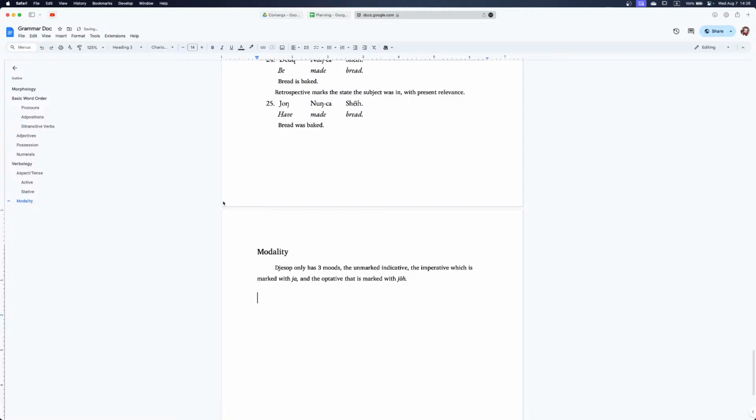And then heading 3, imperative. The imperative is most often used for making commands of someone else.